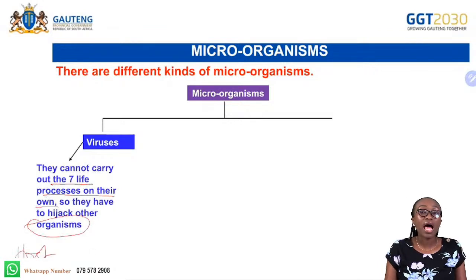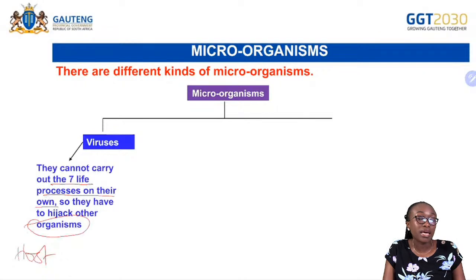These are very small organisms that we cannot see with the naked eye. We use a microscope to see them. They cannot carry out the 7 life processes, so they use other organisms to do so. So they have both living and non-living characteristics.